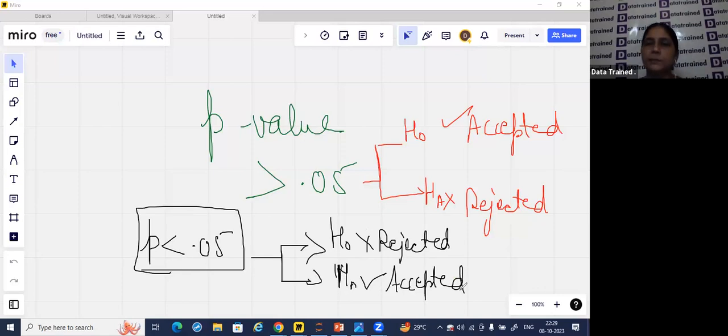Statements associated with the null hypothesis are approved only when the p-value is greater than 0.05. We get all these conclusions with the help of the p-value.